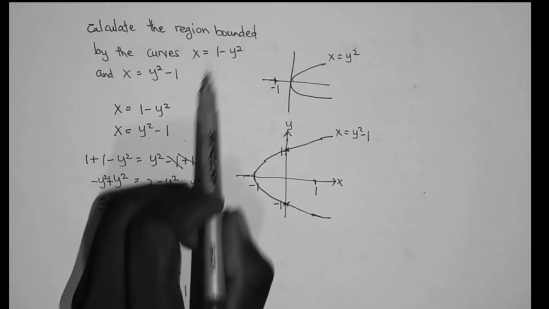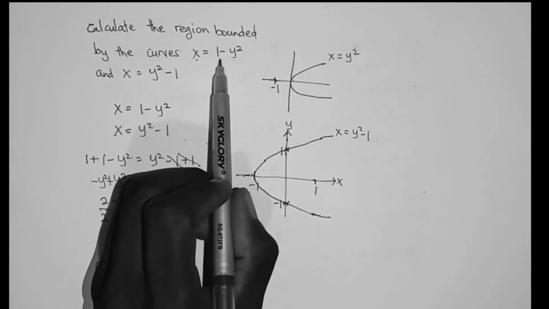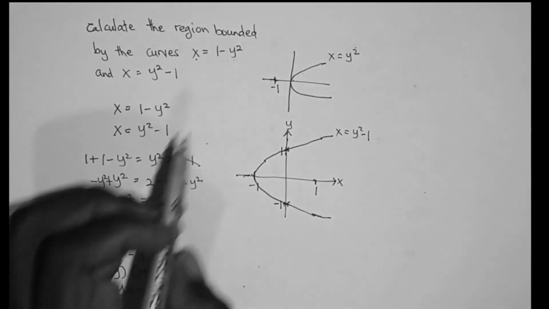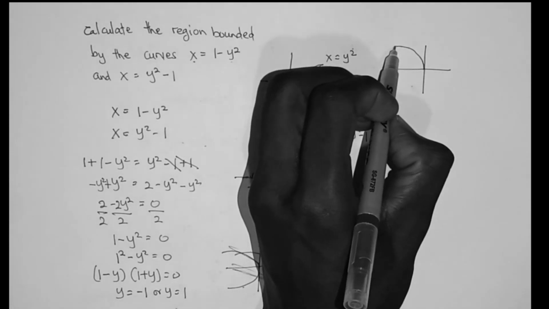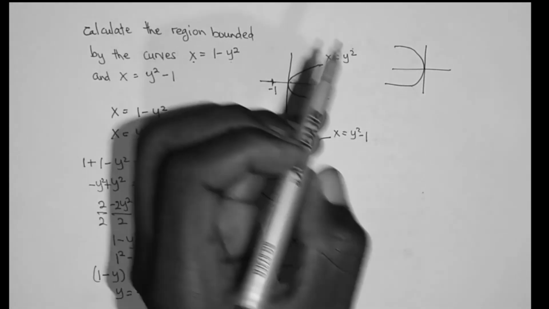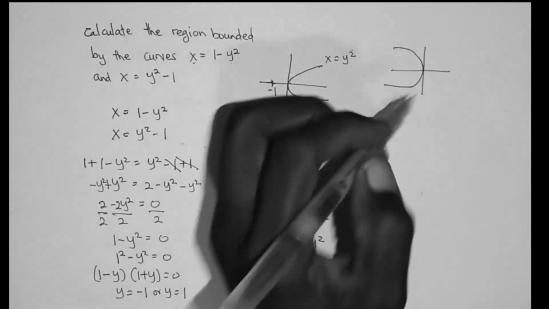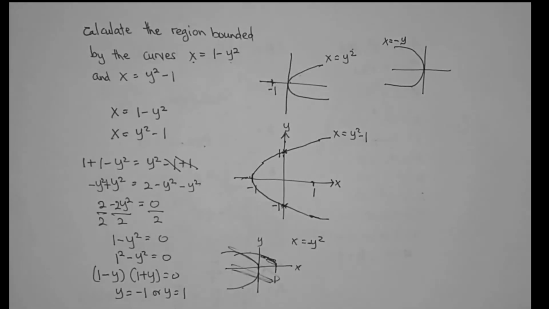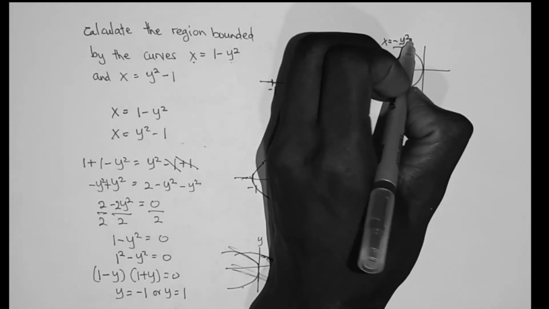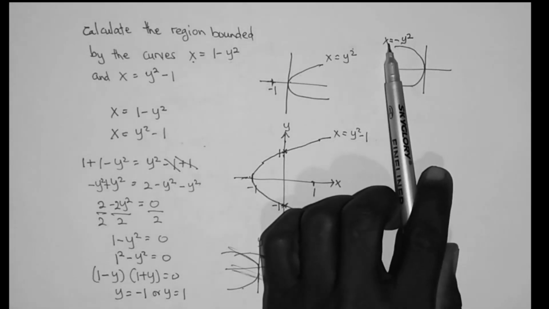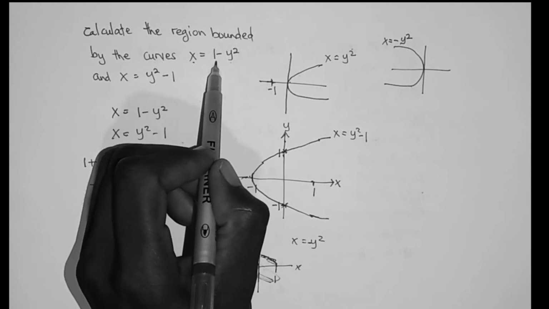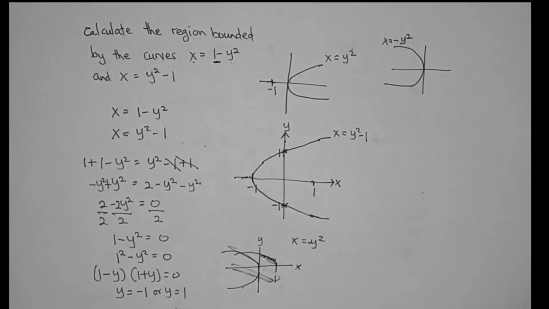And now, let's come to x equals 1 minus y squared. This graph is the graph x equals minus y squared. However, it has been shifted to the positive x-axis by 1 unit.